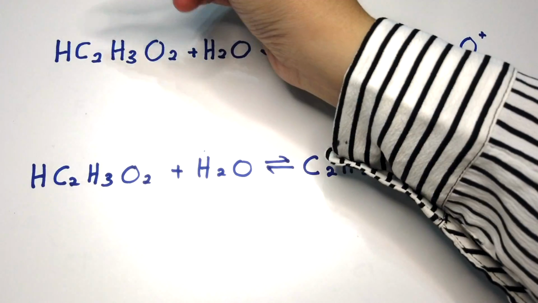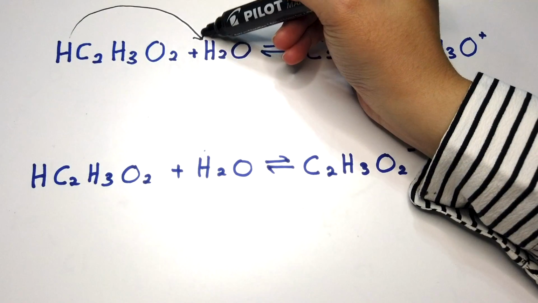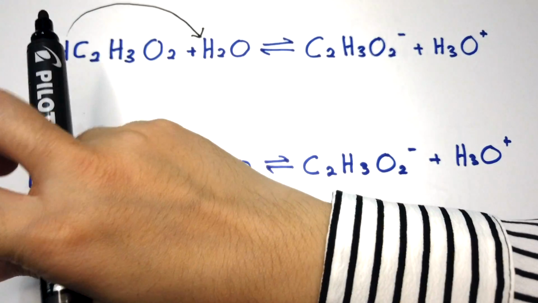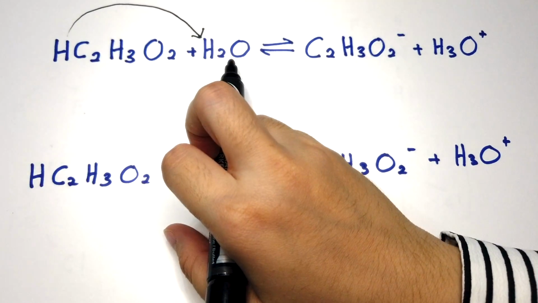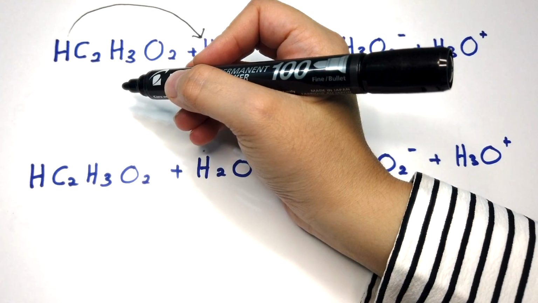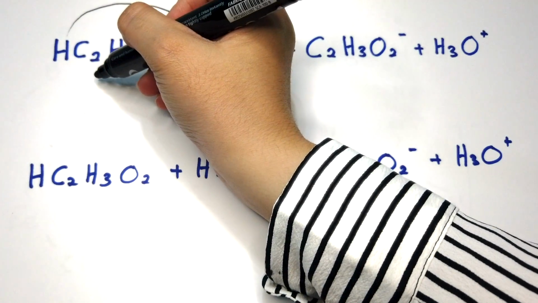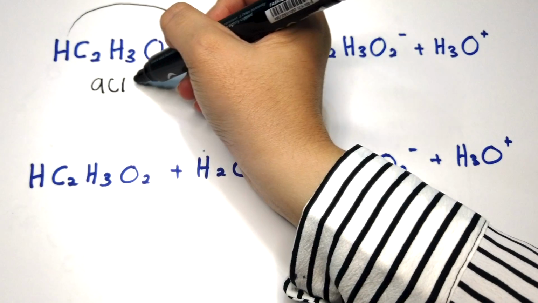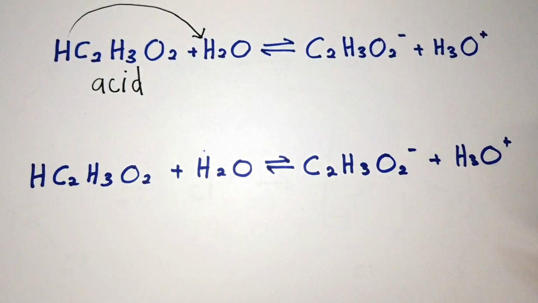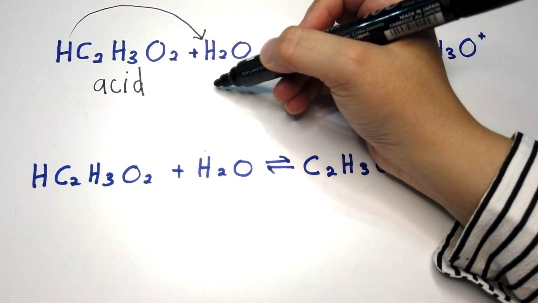It means that we are going to donate one hydrogen over here to the H2O. Since this substance is donating the hydrogen, or the H+, we consider this as an acid. This one shall be the base because it accepts this H+.